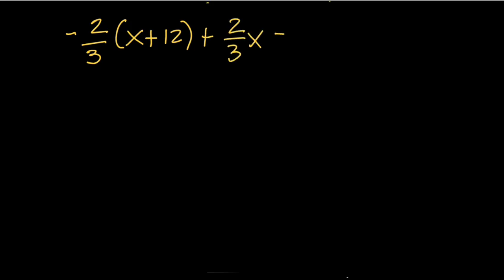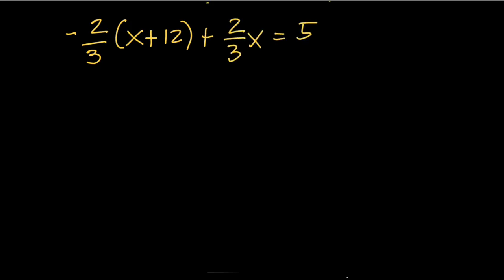Okay, so let's do, can we do number 38? Why is it 28, 29, 38? That's strange. Yeah? Why? Negative 2/3 times x plus 12 plus 2/3 x equals 5.